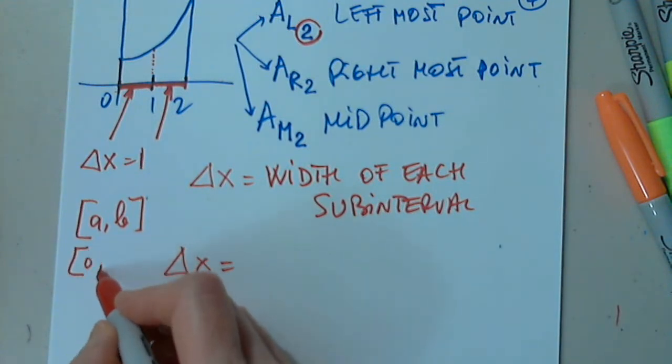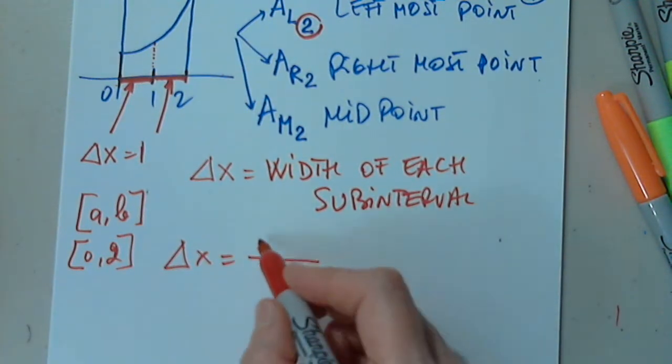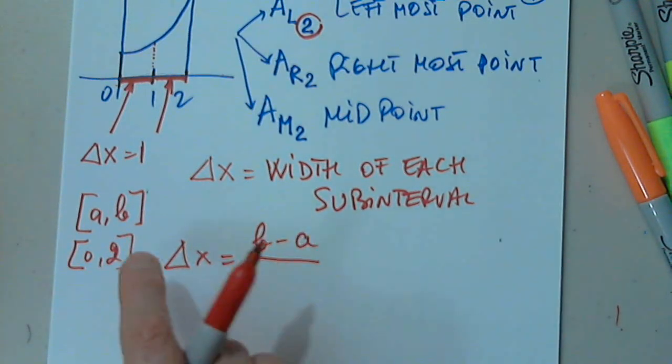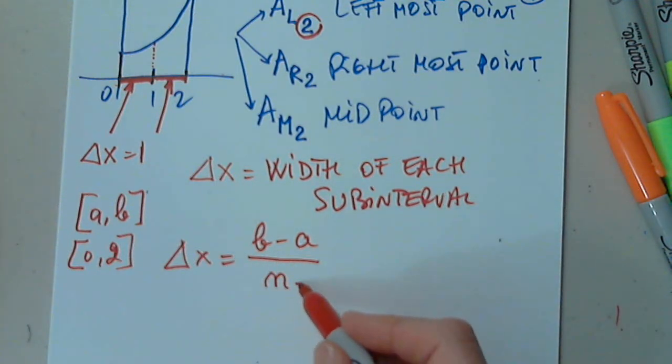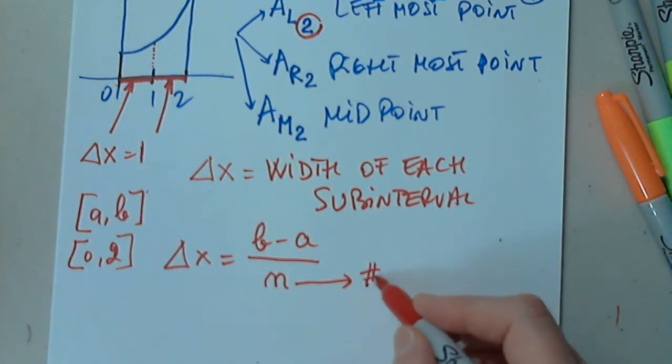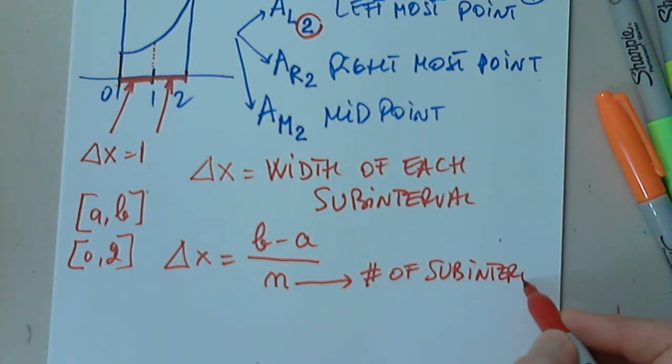In this case, it's 0, 2, of course. So delta x is b minus a divided by n. What is n? Number of subintervals.